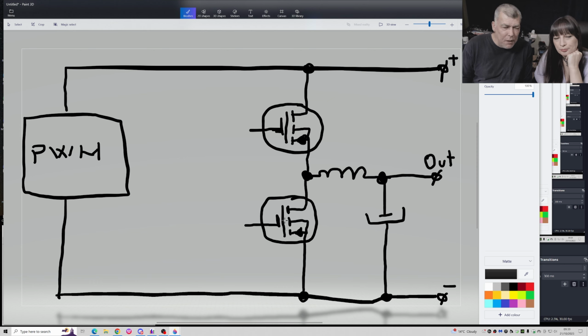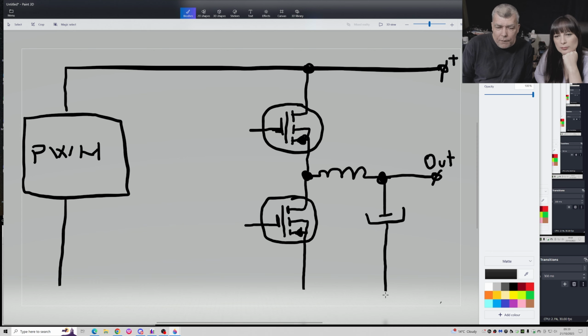Now let me tell you something about the schematic. Usually on schematics, when you don't want to use lines and pass the tracks, they do something like that. And we know here we have minus, so this is like the ground sign.